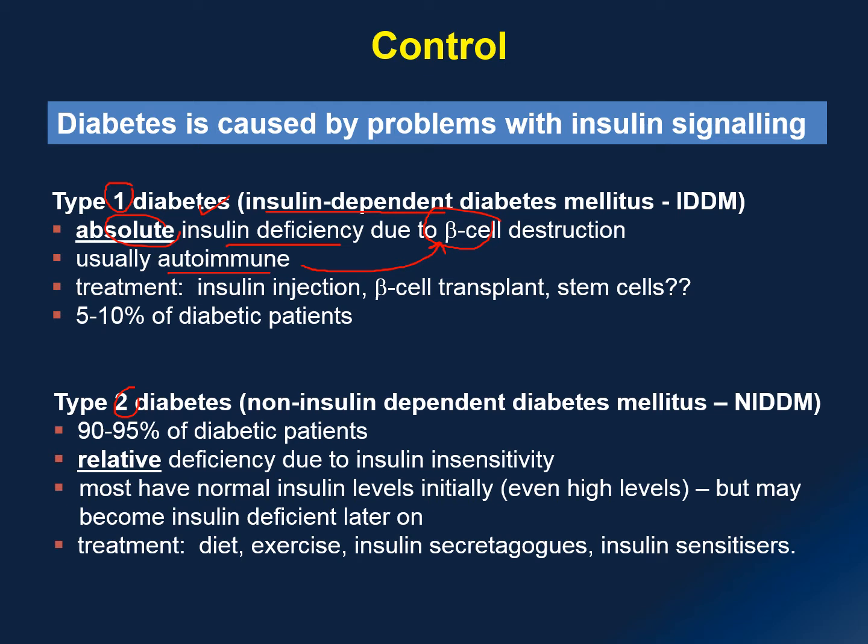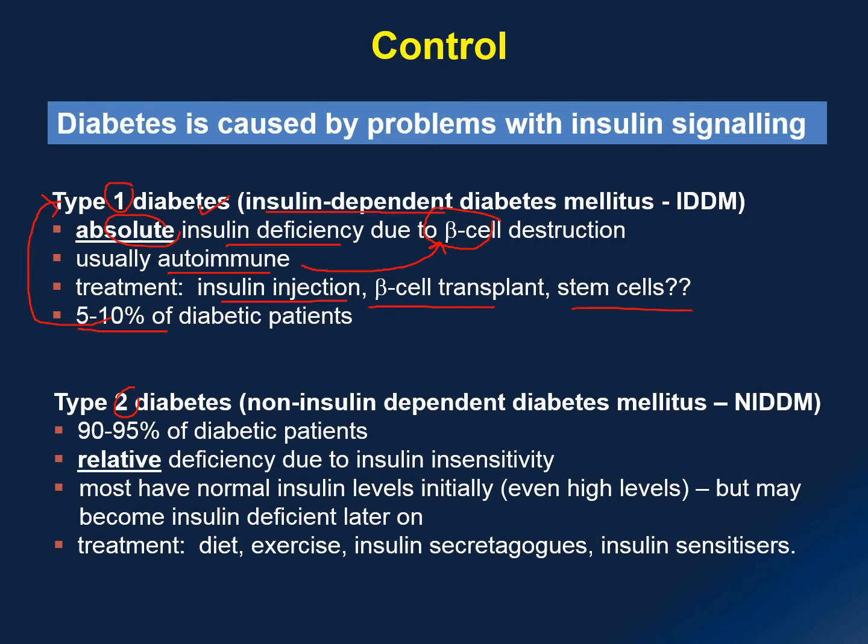Well, these patients have to receive insulin injection for their whole lifetime, or else they have to undergo beta cell transplant or having some stem cell therapy, which is still under development. So about 5 to 10% of the patients are coming from this category. Now, how about type 2 diabetes?